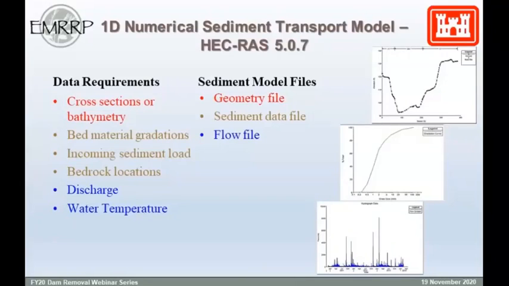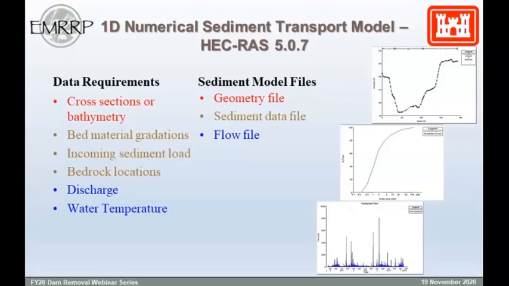So for the sediment transport model in HEC-RAS, like any other tool, you need some data to be able to build a model. The most important data for this type of model is cross-sections of the bathymetry. You need to know what your reach looks like.